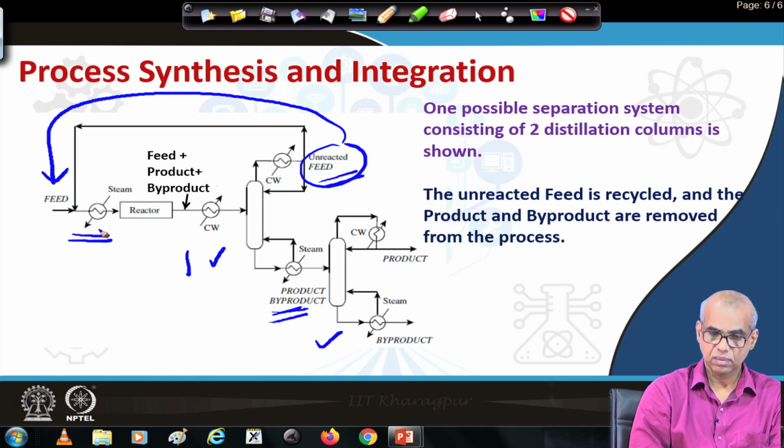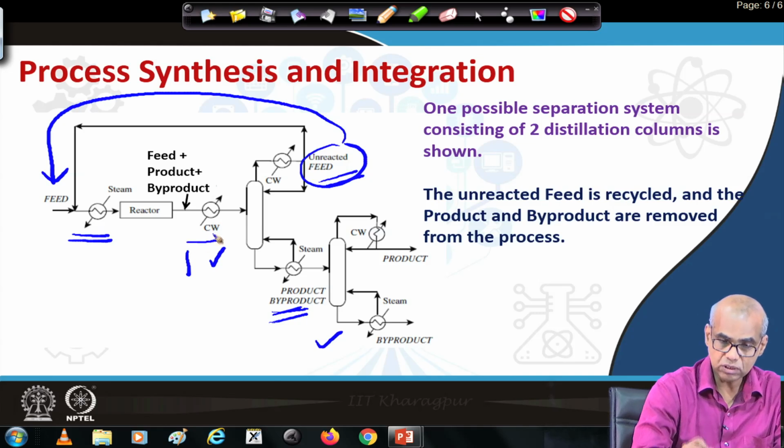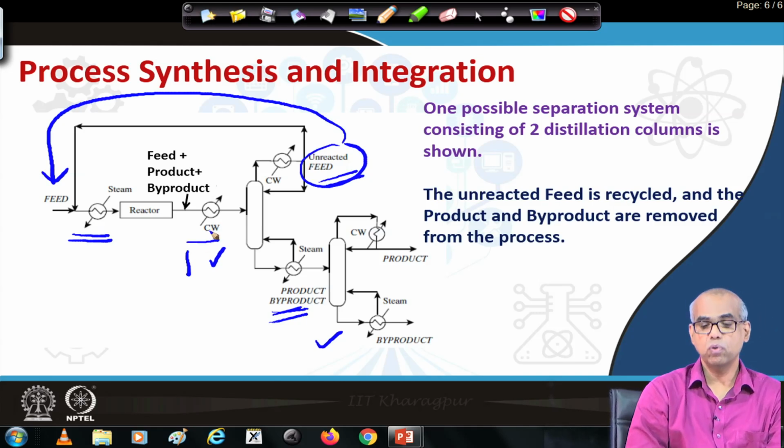Similarly, the effluent stream from the reactor is cooled down using a heat exchanger before it enters the distillation column. So, such heat exchangers will be required.